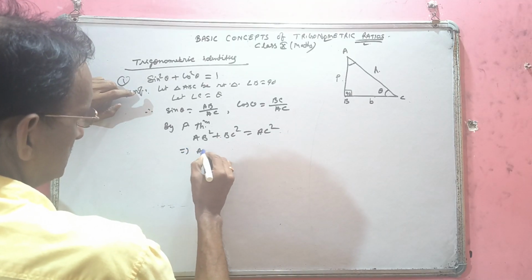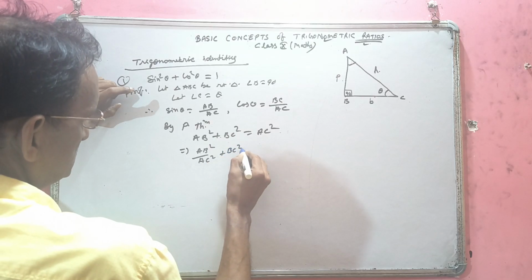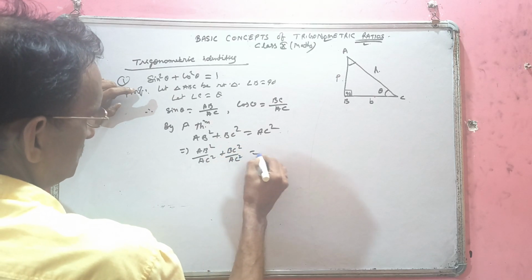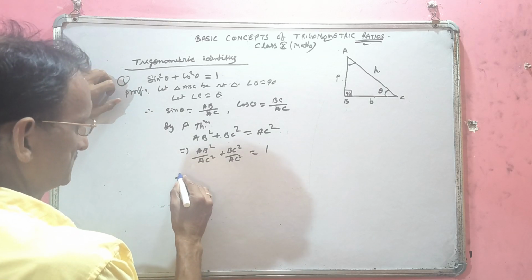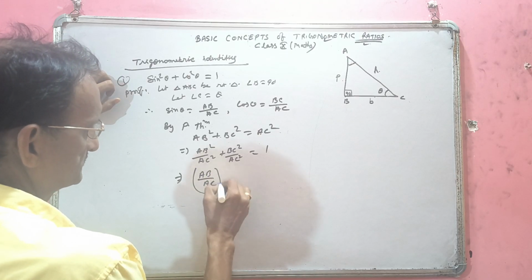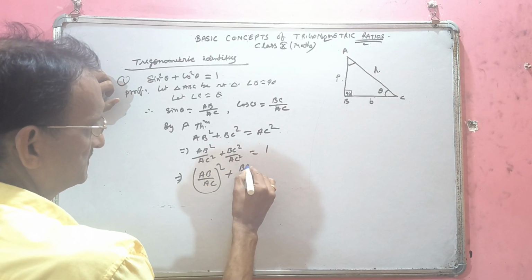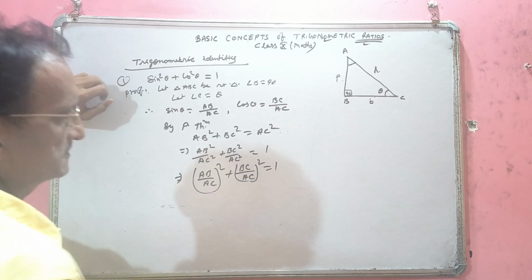So what will you get? AB square by AC square plus BC square by AC square equals 1. So this can be written as AB by AC whole square, and this as BC by AC whole square, which is equal to 1.